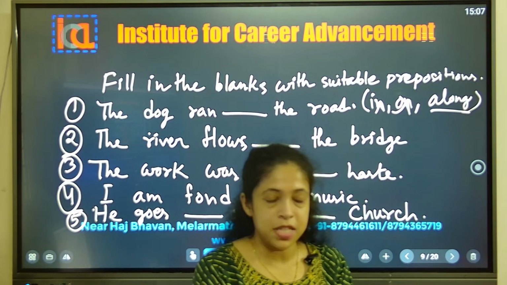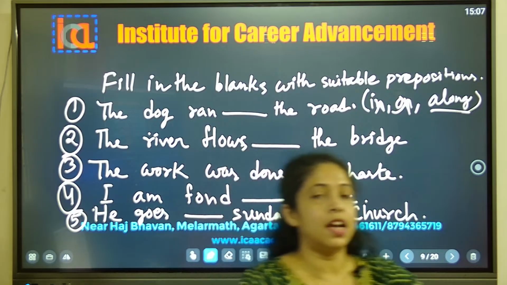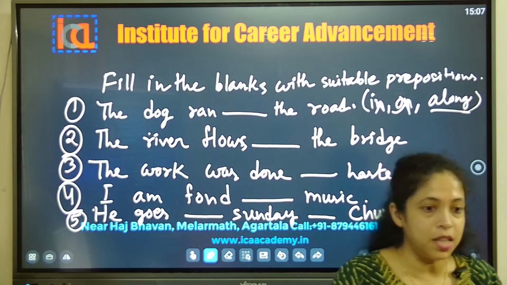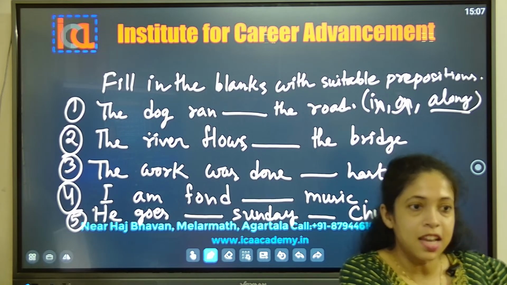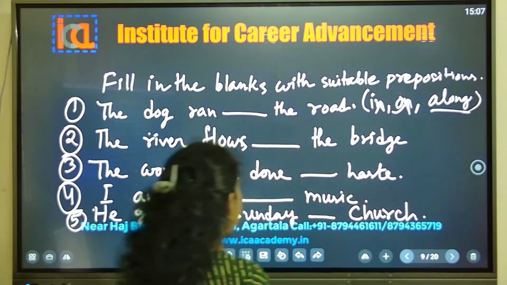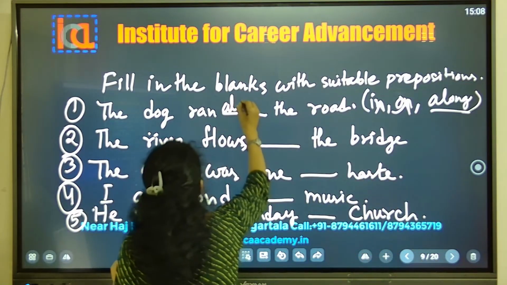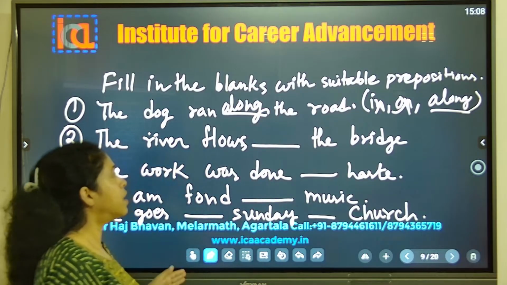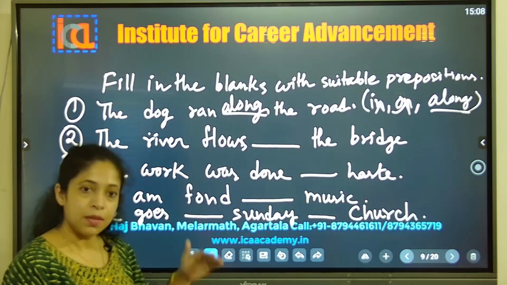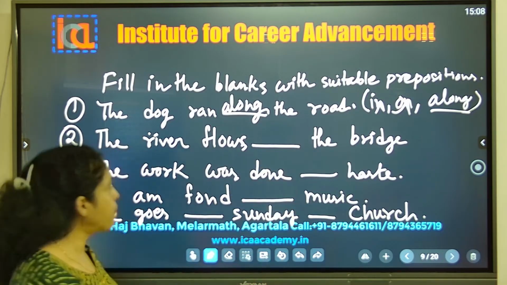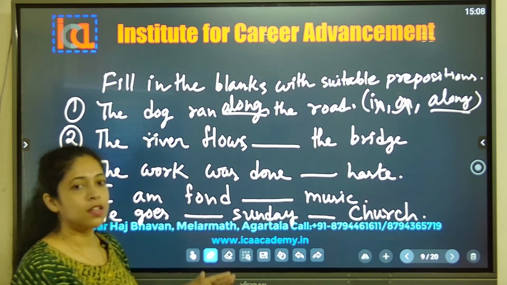The dog is not running in, within the vehicles. It is taking a side and running. So we use along. The most appropriate preposition is along. The dog ran along the road, because along the road means by the side of the road. Okay. The river flows.